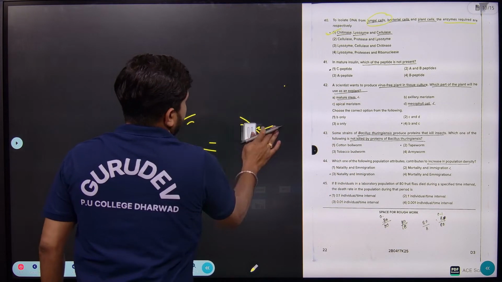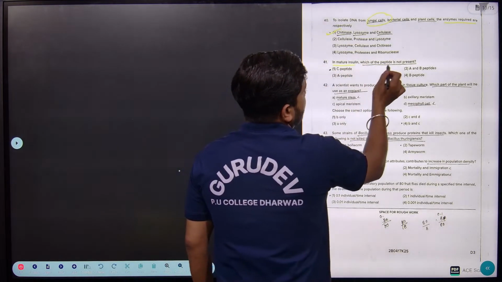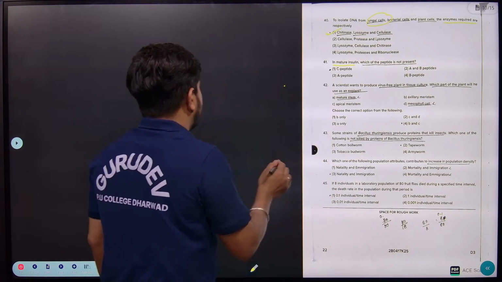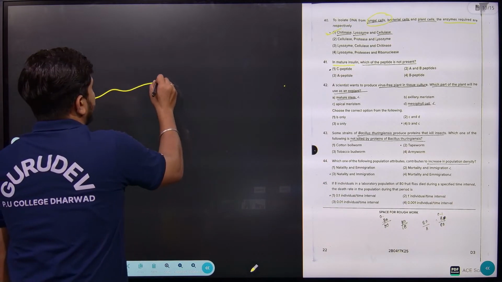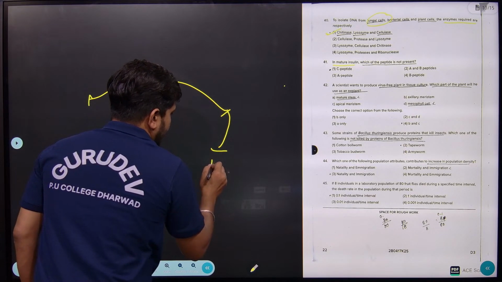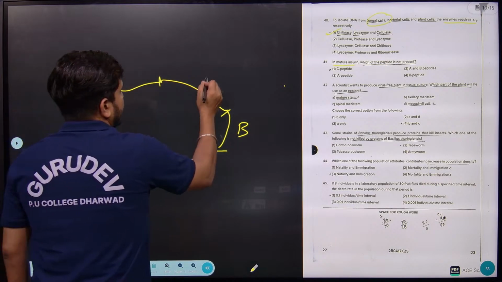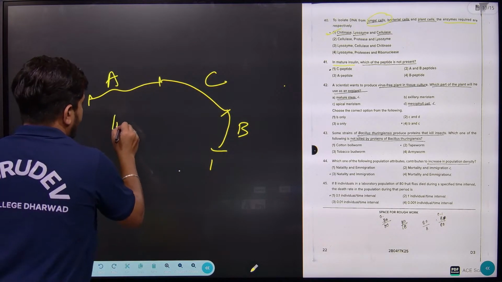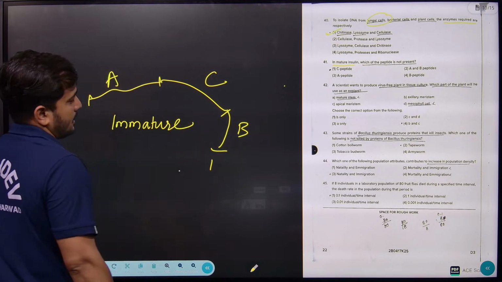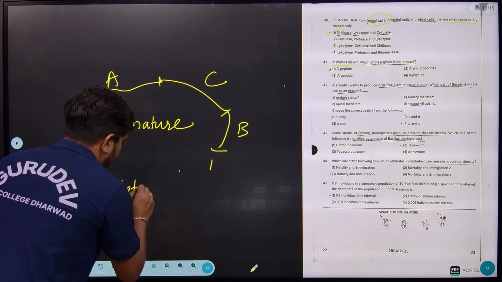Then the 41st question: in mature insulin, which peptide is not present? That is what you have to find out. The immature insulin is made up of three chains, right. One is the B chain, then the A chain, and in between them the C chain. This I am going to call immature insulin. But in the mature form of insulin, during that period what is going to happen?